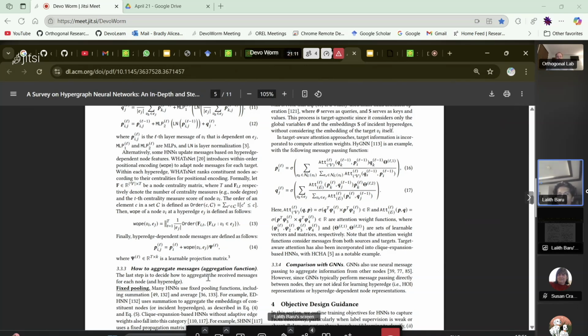In that case, we use aggregation functions so that the information is totally aggregated, and then we get to a desired label, and we classify or do some sort of task.